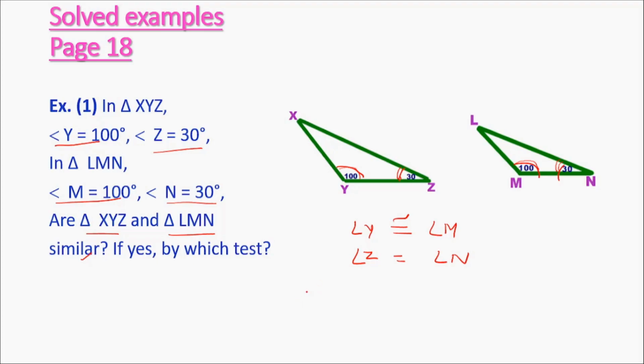Four tests we have learned, right? So which test is it? AAA, test of similarity. Two angles are congruent, then these two triangles, XYZ is similar to triangle LMN, by which test? AAA, test of similarity.